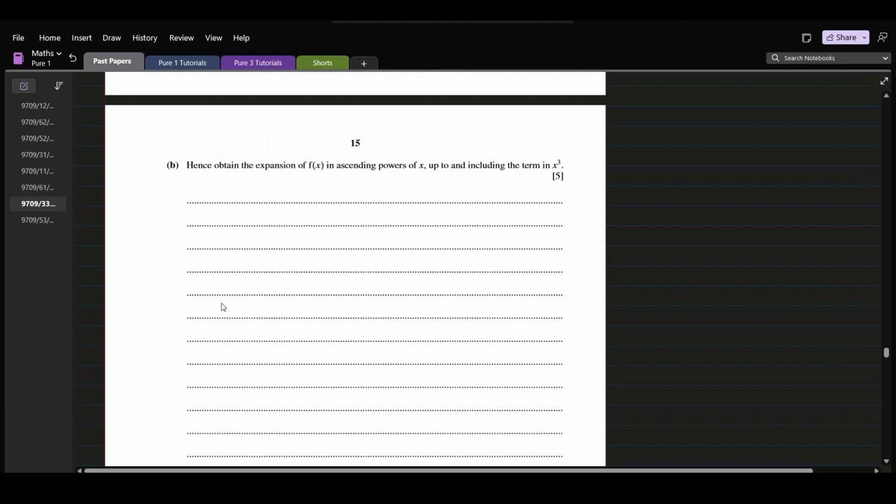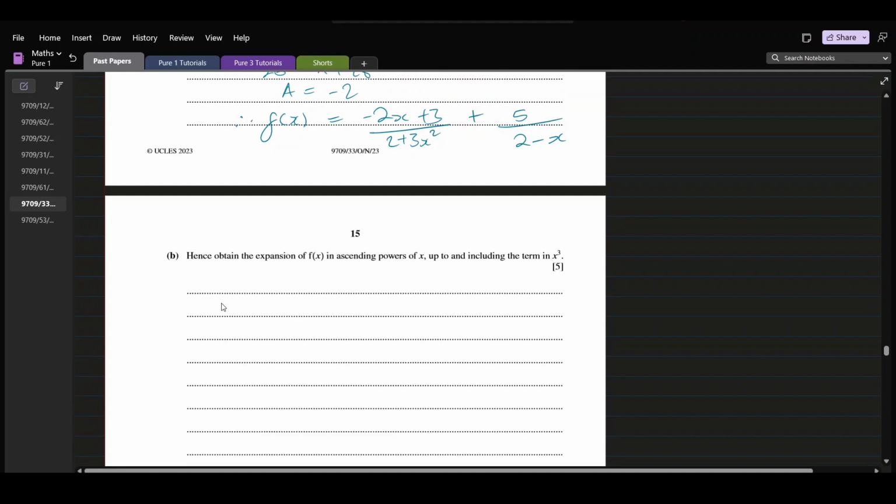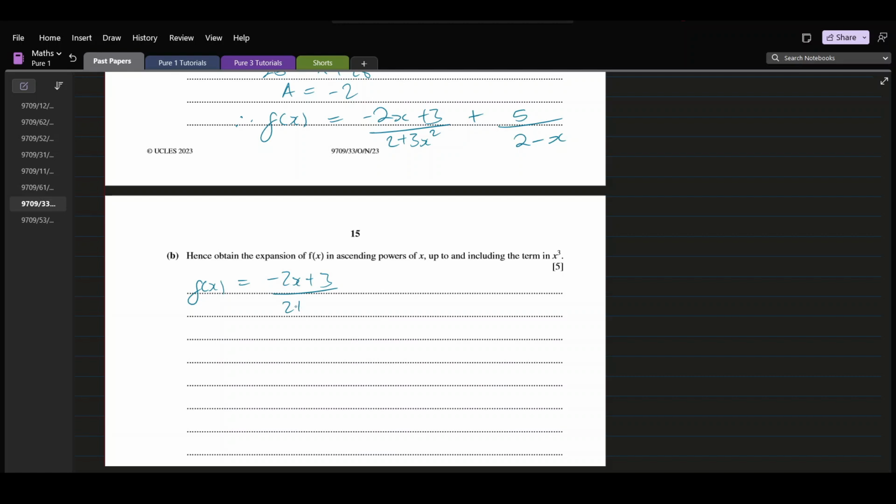Hence obtain the expansion of f of x in ascending powers of x up to and including the term in x³. Okay, so let's just copy down f of x first. f of x is equal to (−2x + 3) over (2 + 3x²) plus 5 over (2 − x).